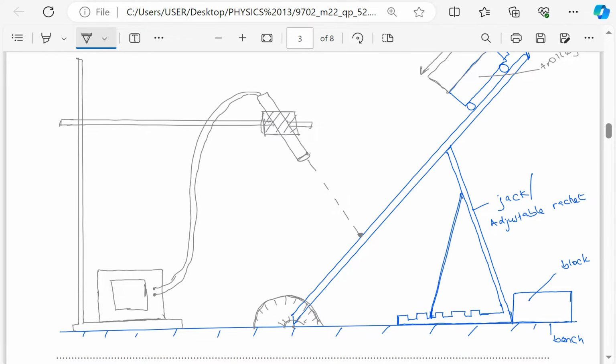You can draw a better diagram, but I'm just using this as a representation of a protractor.